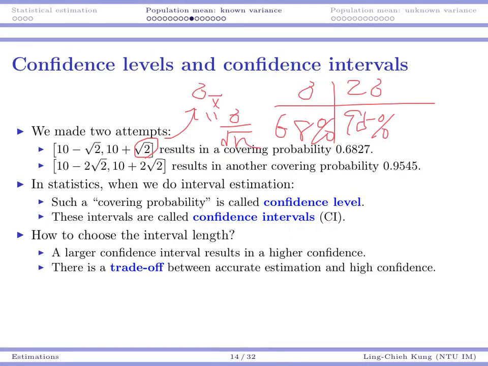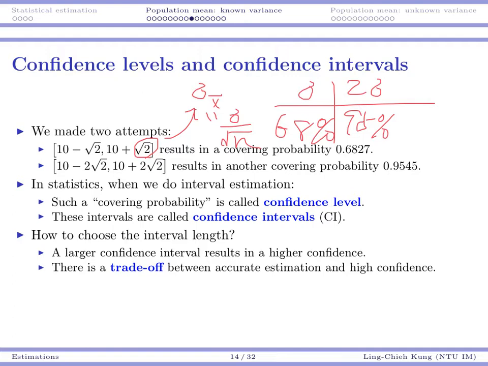So the question is just about choosing the interval length or the leg size, right? Because the center would be the sample mean. So it's not a question. Later we will do sampling, we will get numbers, and then we will get a sample mean.